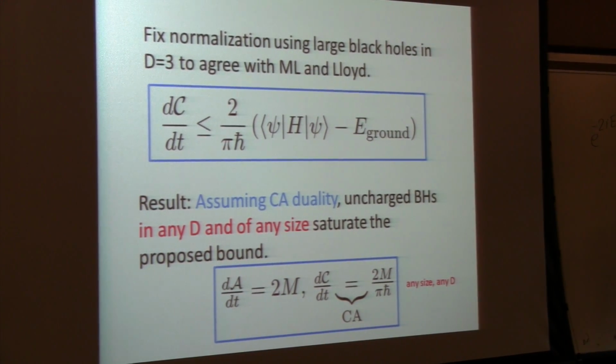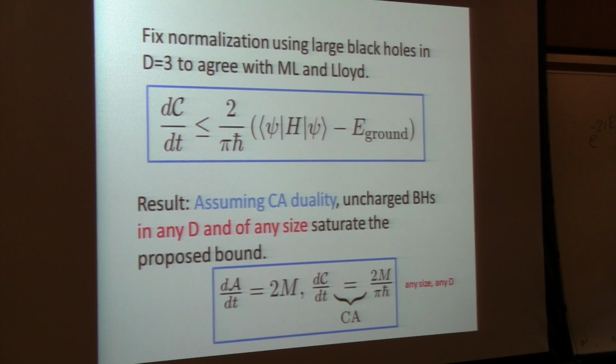So the main check we have on this right now is that if I fix this factor for one black hole in one dimension in one system, then every black hole in every dimension of any size hits the bound exactly. I just fix this 2 over pi h bar to be some number. It doesn't matter. I could choose it to be 100. It's just a constant. I choose it so that the black hole in one particular case saturates the bound.